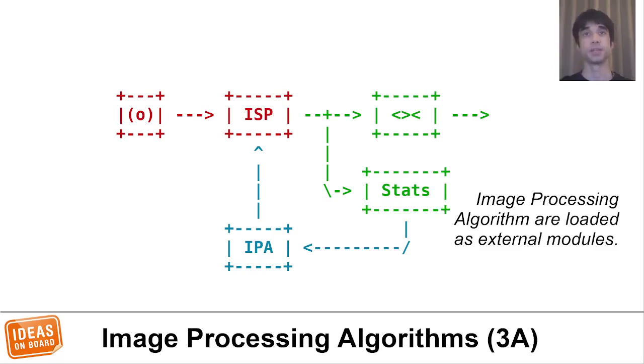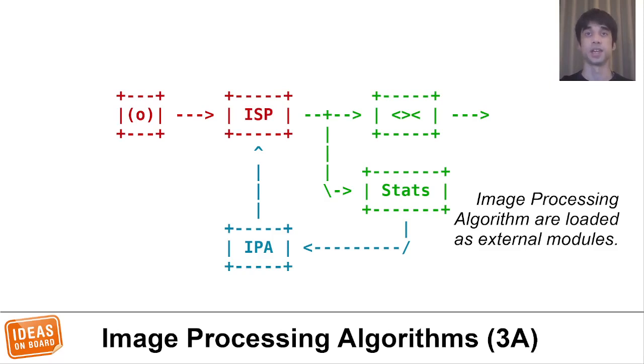Next is image processing algorithms, which, as we have seen, are an important part of the camera pipeline. They are also some of the most protected vendor IP. We want to work together with vendors, so the image processing algorithms, or IPAs as we call them, are separated into plugins called IPA modules, which are implemented as shared objects.